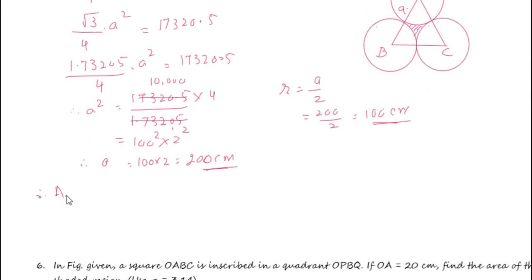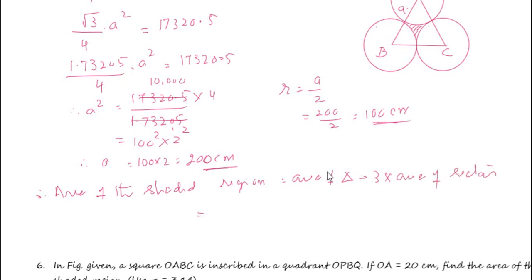Therefore area of the shaded region equals area of triangle minus 3 times area of the sectors.